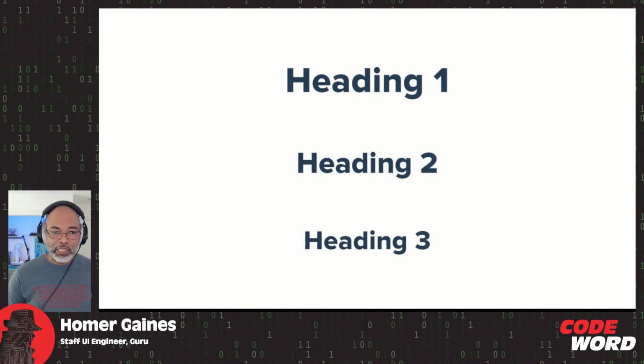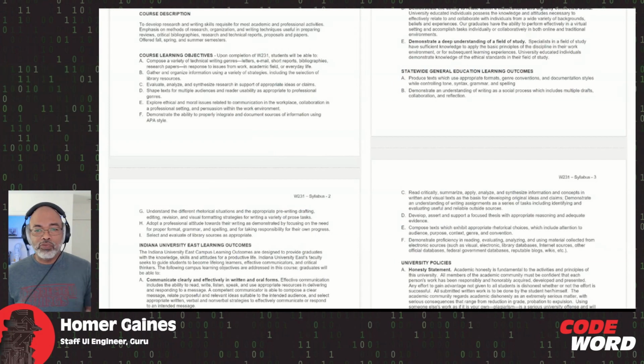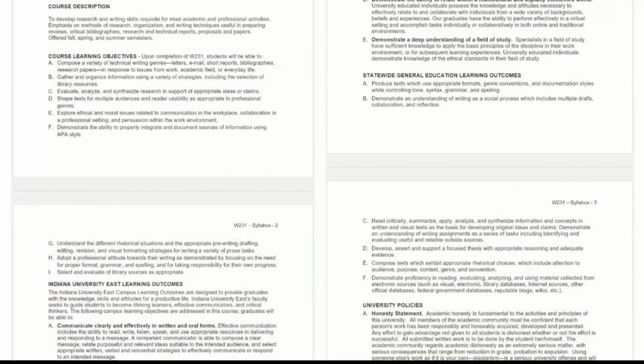Well, the problem is this. A lot of times we like our headings to be uniform, and as a result, we end up creating documents that have incorrect heading structures. For instance, this document that I have here shows several different headings. They should be at different levels, but unfortunately, the author used all H1s when authoring this document.